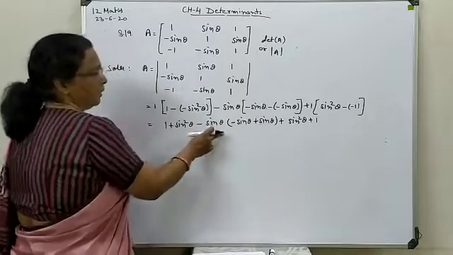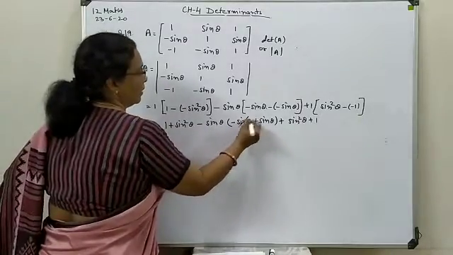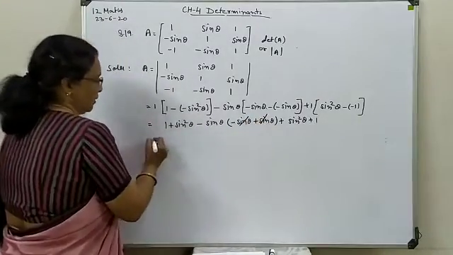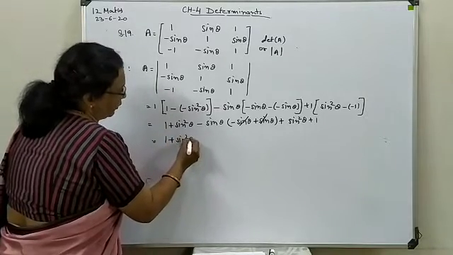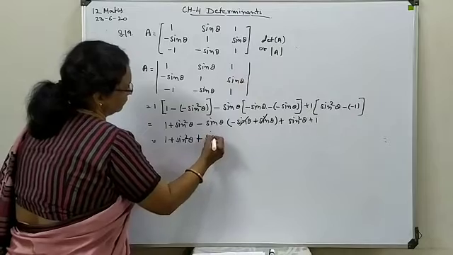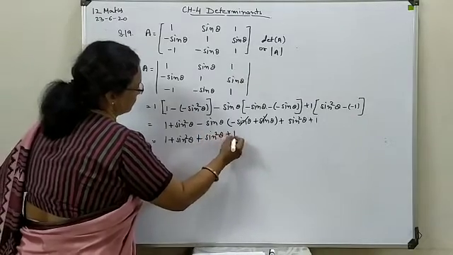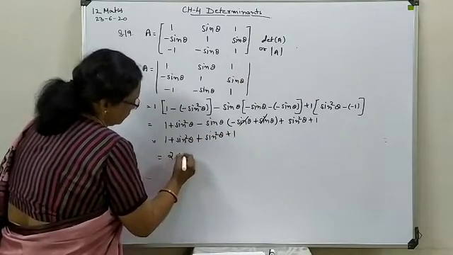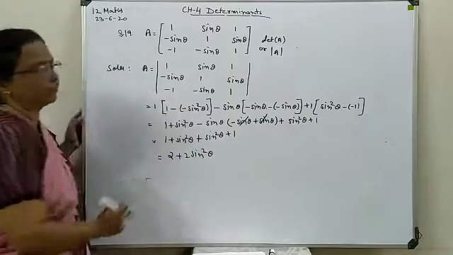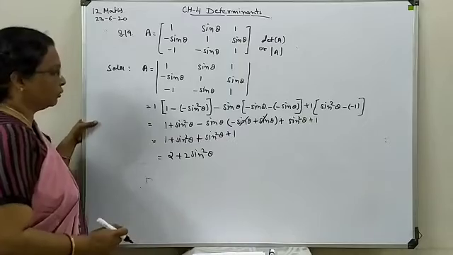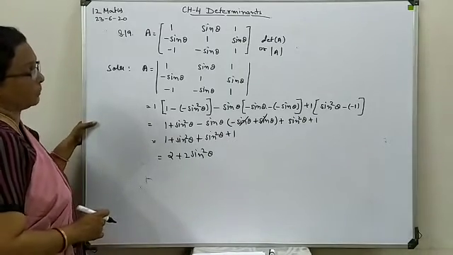Here you can see inside this bracket these two will cut, so the remaining are 4 terms. Make addition of the like terms, so it will turn to 2 plus 2 sine square theta.